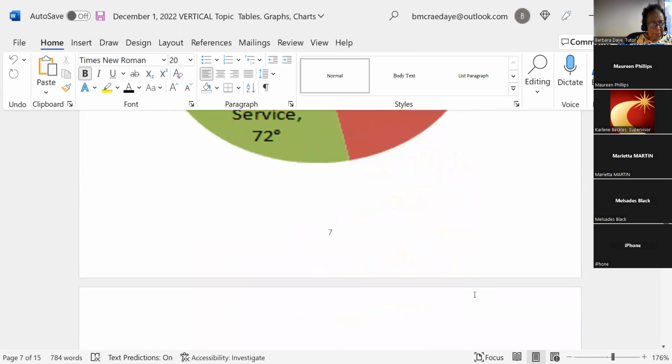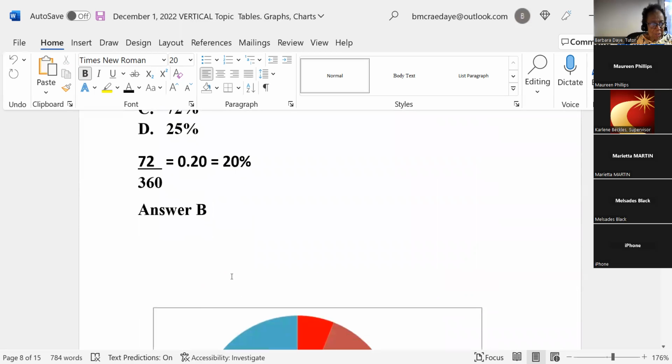Mental math. Maureen, what is it? What percent is in the agricultural sector?